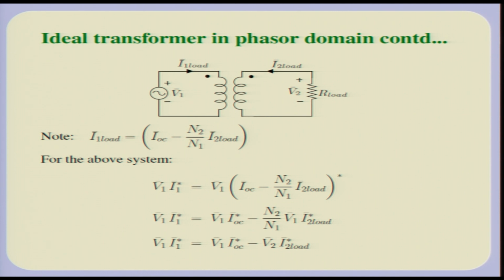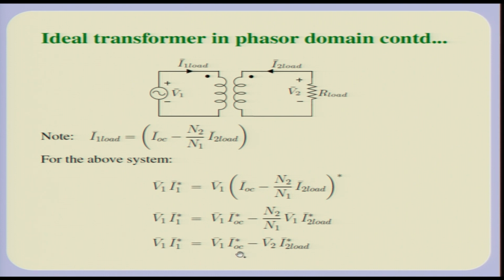In fact, one more interesting thing which you will notice is that in case you have got a transformer as shown there, if you multiply V1 by I1 star, we get what is known as apparent power. So, apparent power on the primary side, and if you evaluate this apparent power, you will find that it is equal to V1 IOC star.